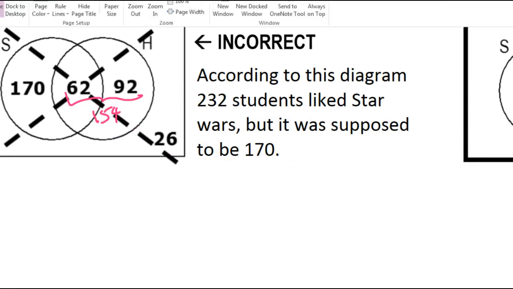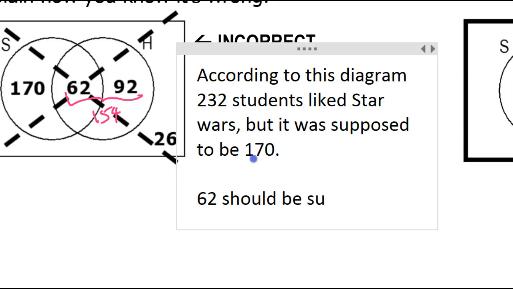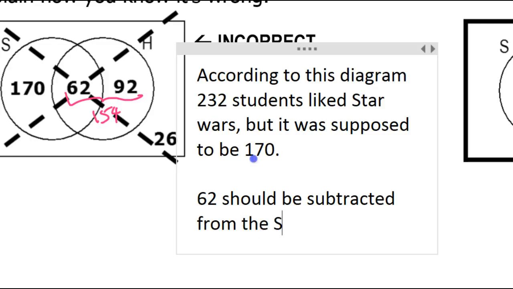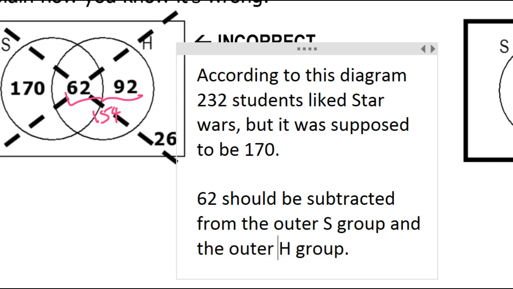So we should probably go ahead and mention in our explanation 62 should be subtracted from the S group and the H group.